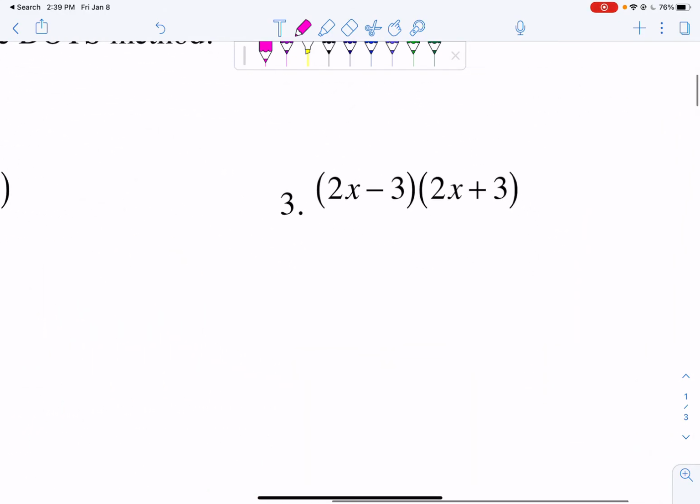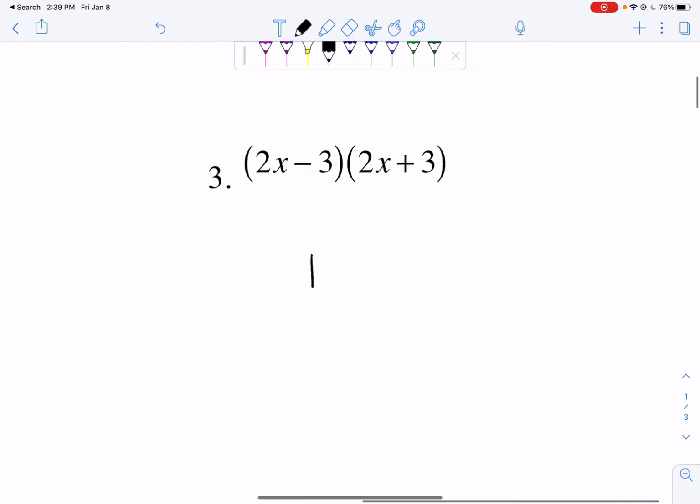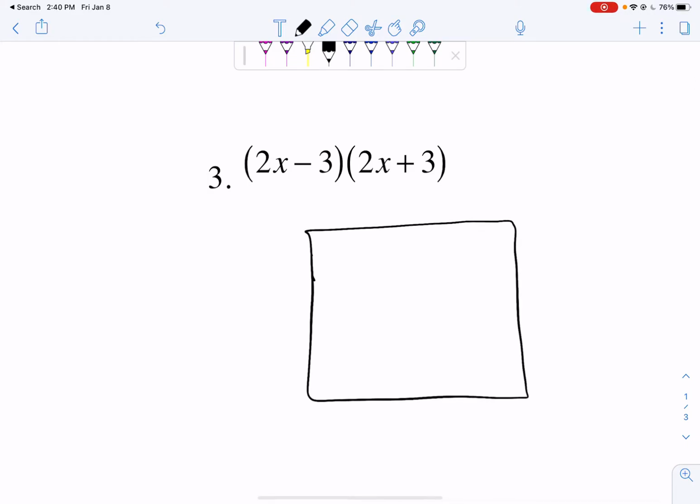Let's look at this next example where I have 2x minus 3 by 2x plus 3. Draw your box, make it perfect, nice and neat.